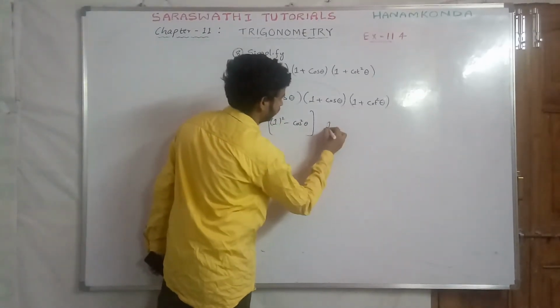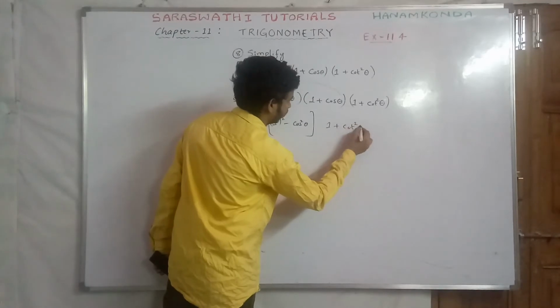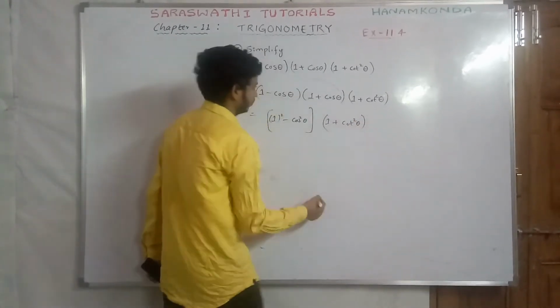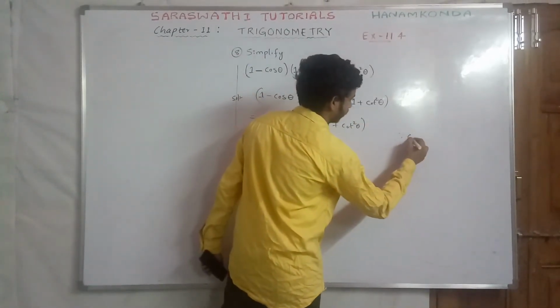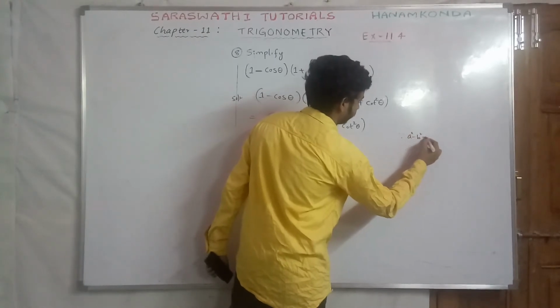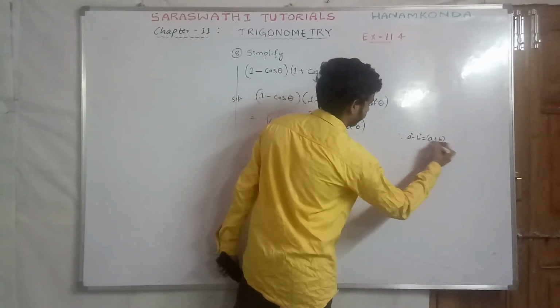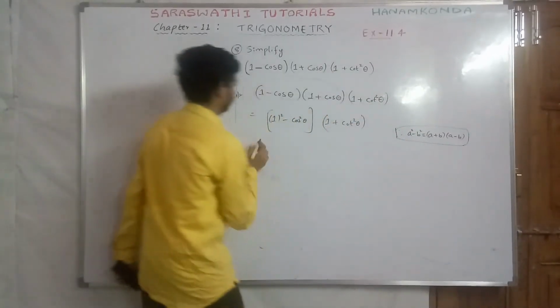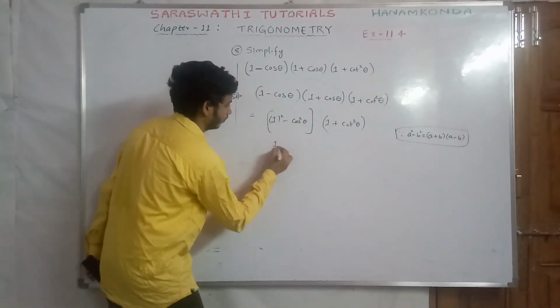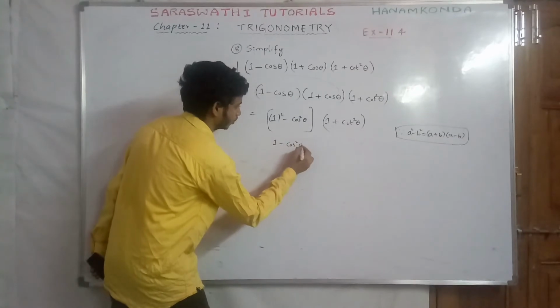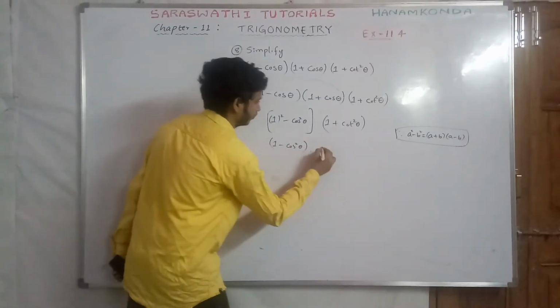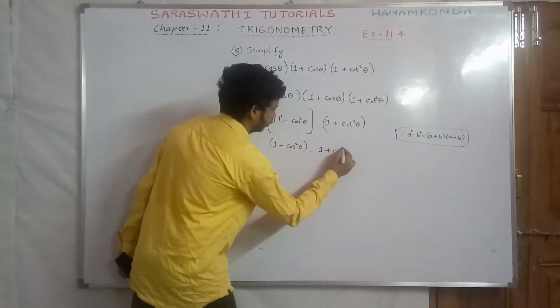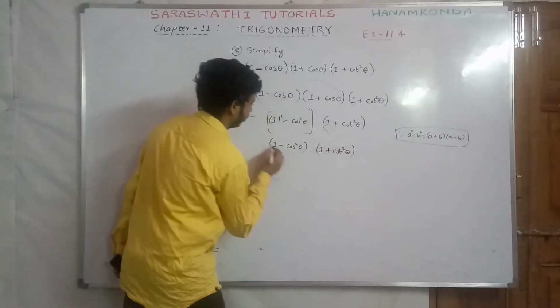Next, 1 plus cot square theta. The formula is a square minus b square equals (a plus b) into (a minus b). So 1 minus cos square theta into 1 plus cot square theta.